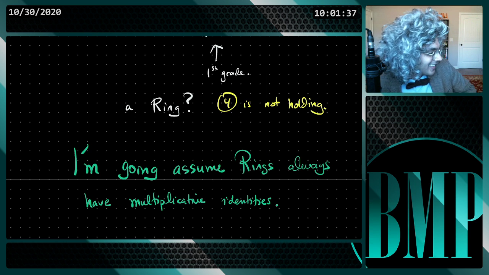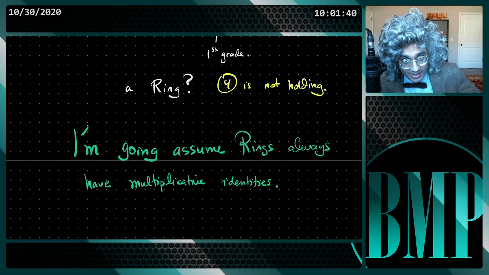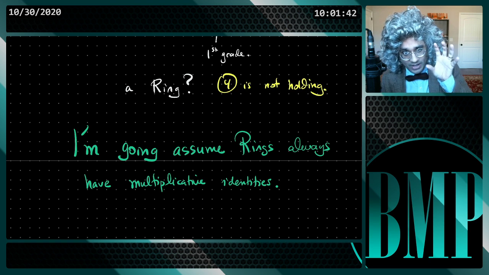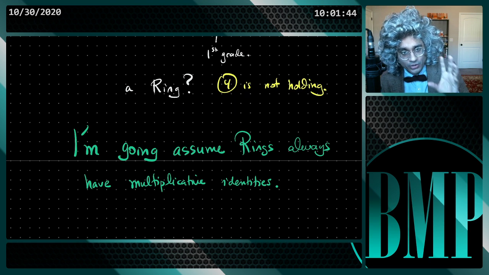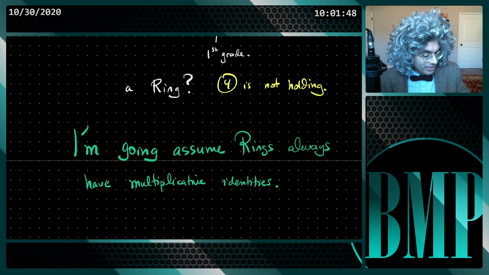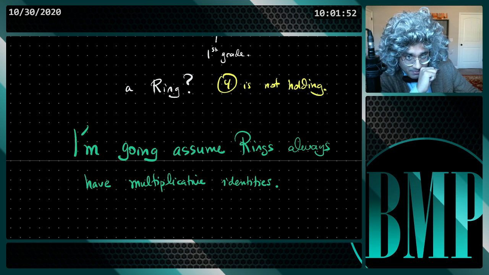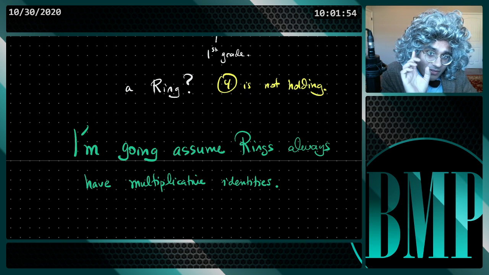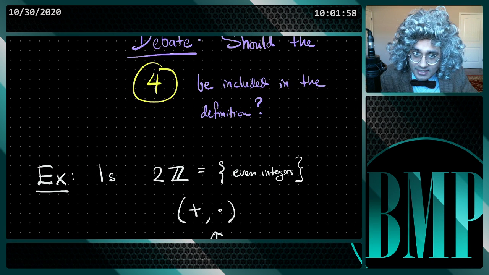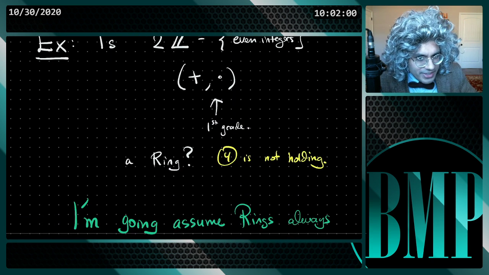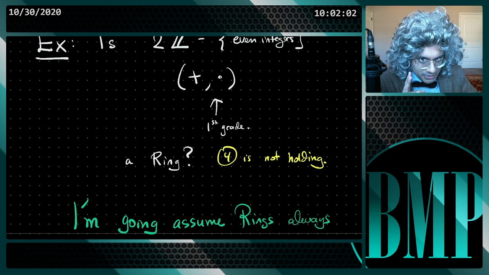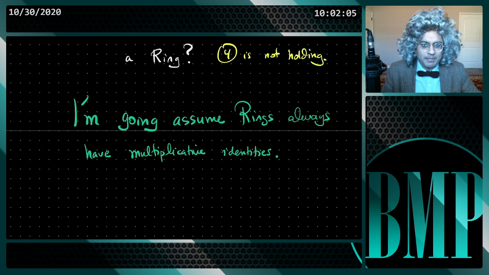Okay. So now, one of the great benefits of having this convention is that we should have a separate name for things like 2Z, where it's got everything except multiplicative 1. So we have a separate name.